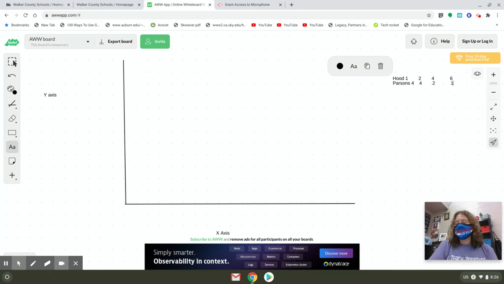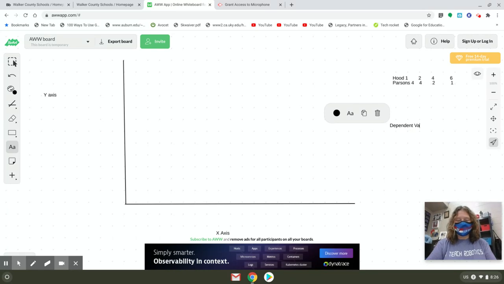So we need to look at our variables and determine which one is our dependent variable and which one is our independent variable. And I have a little trick for you to help you with that. It is called DRY MIX. So the D in dry stands for dependent variable. The R is the results of your experiment, also sometimes called the responding variable.